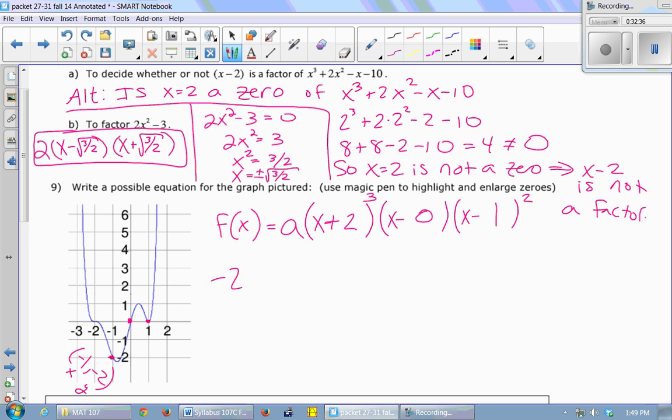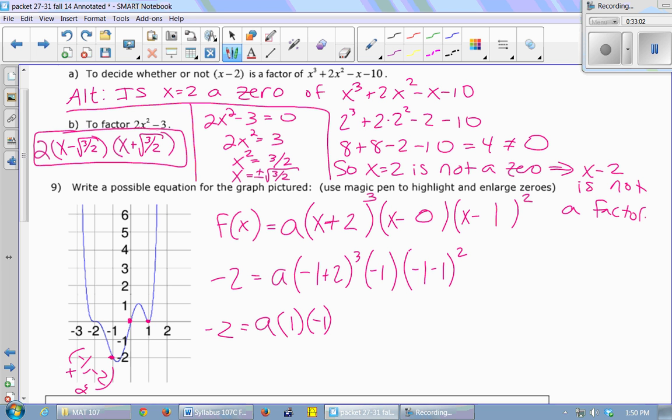So I'll put in -2 for the y, don't know a, and I'm going to put in -1 for all my x's. -1 plus 2 is 1, cubed is 1. -1 minus 1 is -2. When you square -2, you get +4.